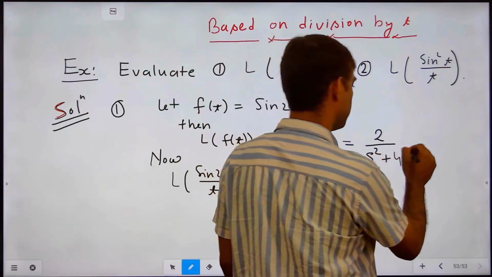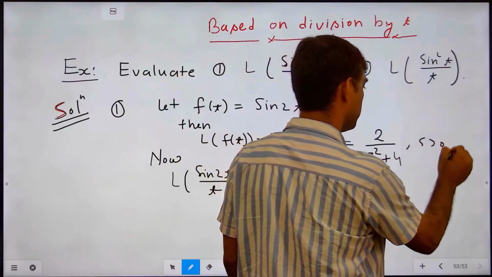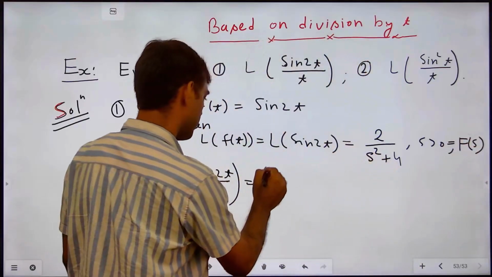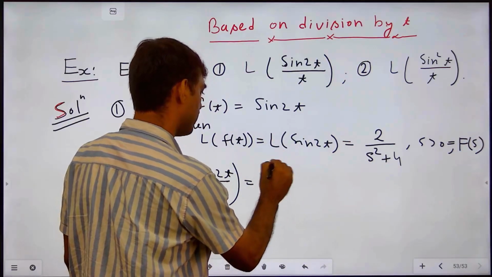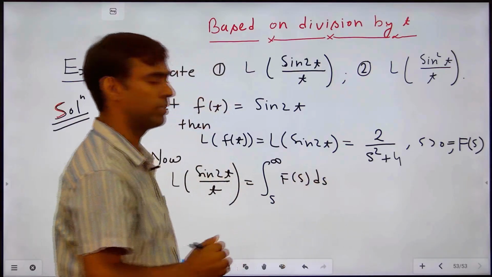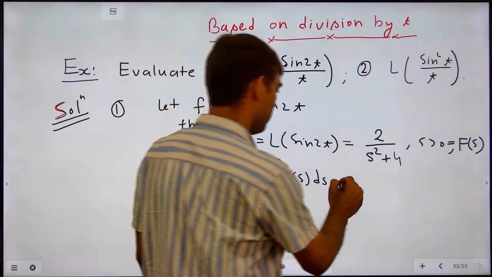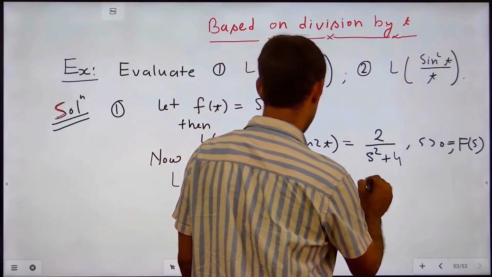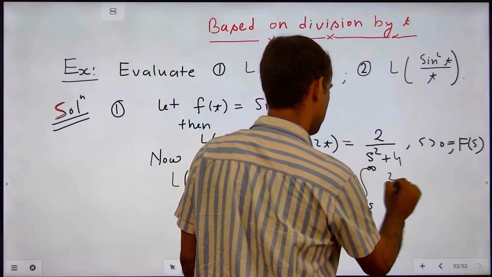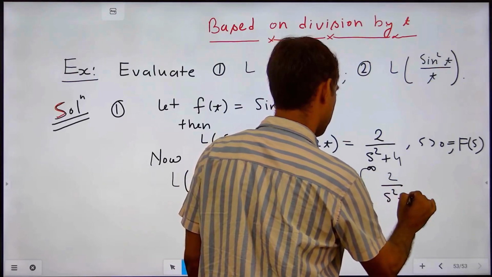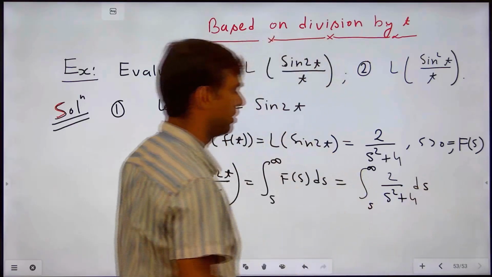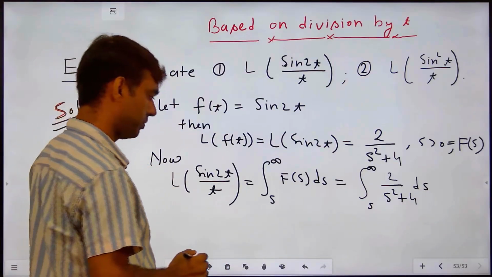Here we consider s greater than 0, and this one equals the integral from s to infinity of F(s) ds. Now, this one is the integral from s to infinity of 2 upon s square plus 4 ds.